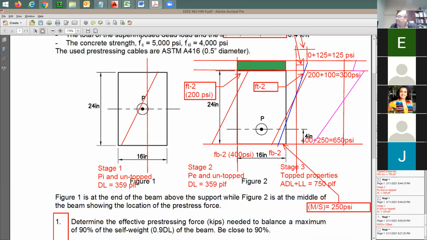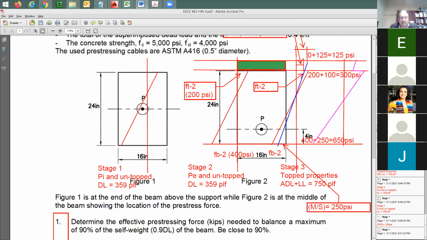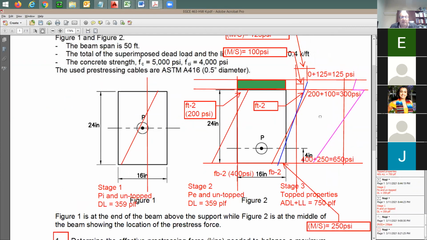So in this case, S bottom is going to be 1535, and S top is going to be 5761. Okay, so for the top, the 100 and the 125. Yes. Same thing. We use the section modulus at the top.